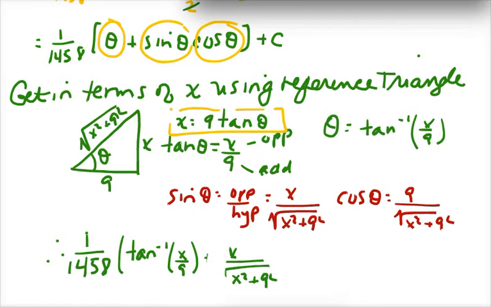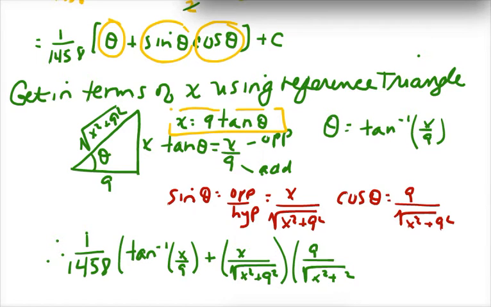Oh, jeez, I didn't realize it. So this is x over square root of x squared plus 9 squared, that's sine, cosine is 9 over square root of x squared plus 9 squared, plus a constant.